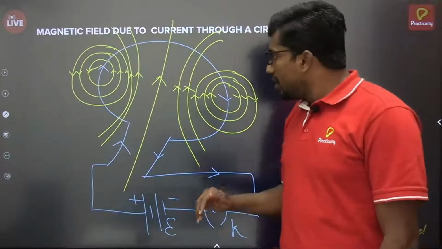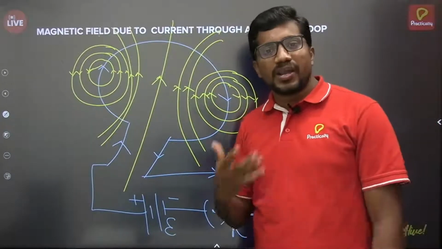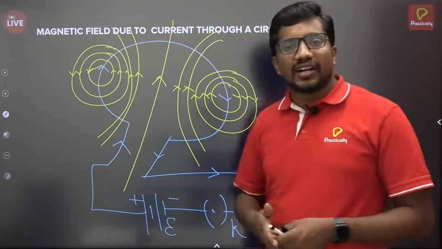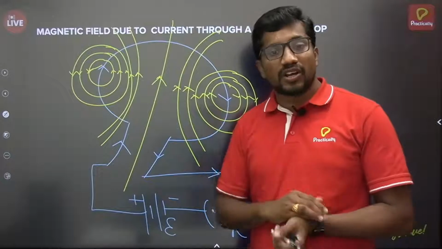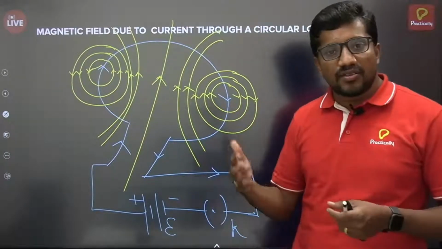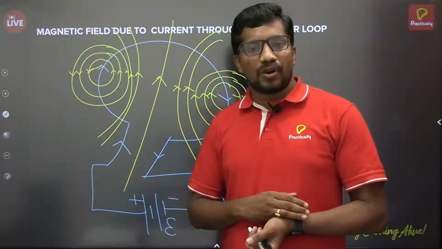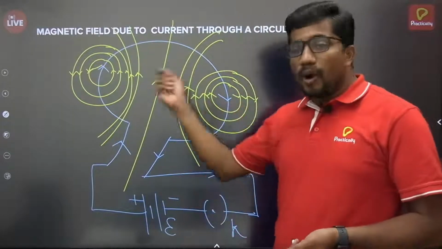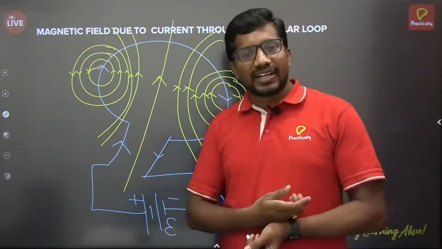Okay, so here this magnetic field basically depends on so many parameters. If it is a circular conductor, as I have taken one turn here, it depends on number of turns also. So as a circular conductor, when it consists of more than one turn, then more amount of magnetic field will be produced, and it depends on the point at which we are going to calculate magnetic field.